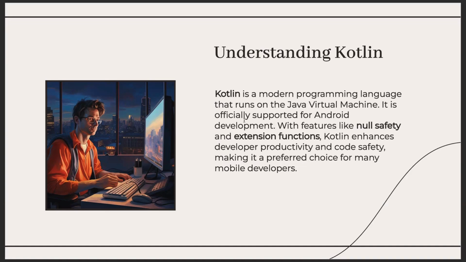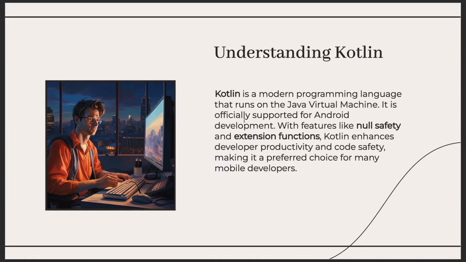Now, come to native. When you say native, native means something that is unique to a particular consideration. So when you say native mobile development in this field, what you are implying is that you are developing with something that is unique, customized, so to say, for a particular operating system.